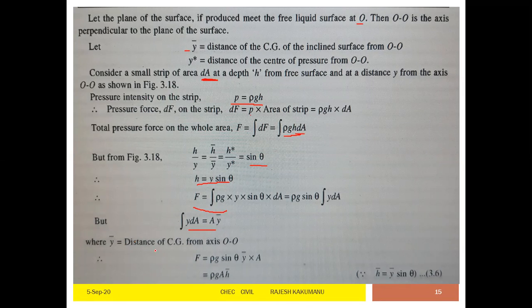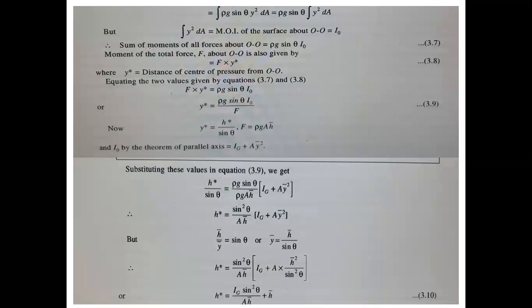Therefore F equals rho g sine theta into y dash into A. As h dash equals y dash sine theta, substituting here, we get F equals rho into g into h dash into A. Now if we integrate rho g sine theta y dA, it equals rho g sine theta times the integral of y dA. So like this we are substituting. Finally, what we are getting is h star, that is the center of pressure.